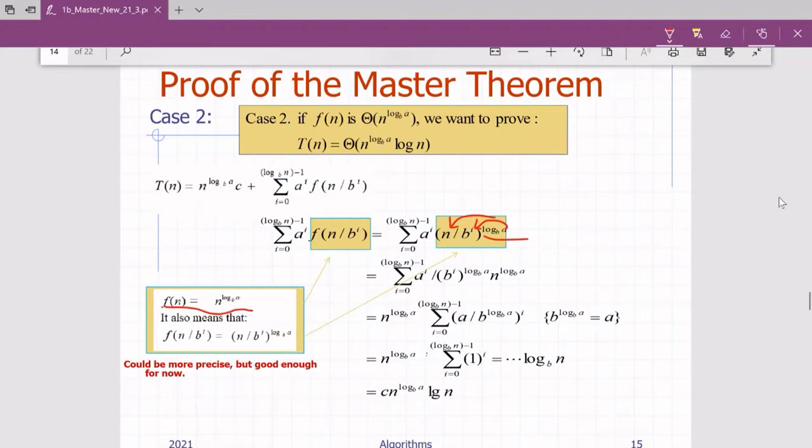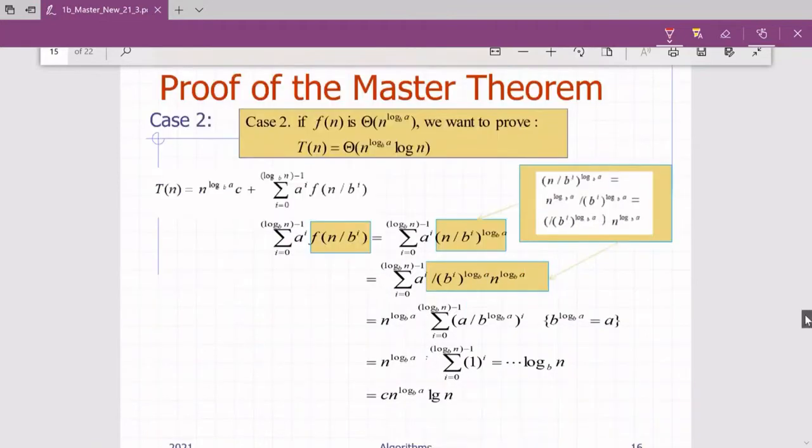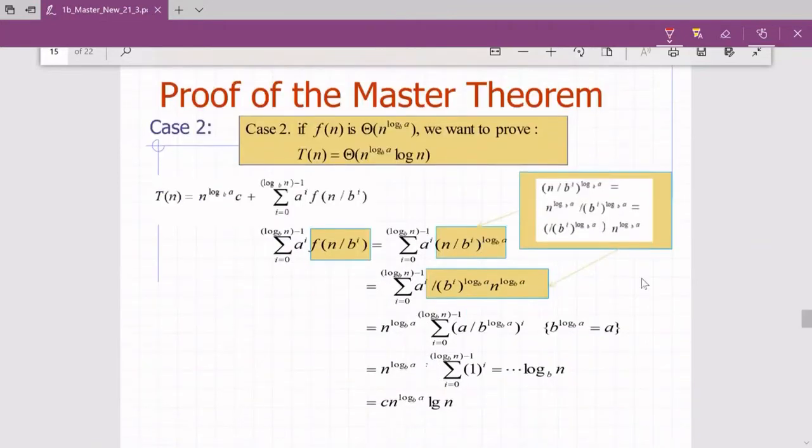Let's say we have more details here. We do the distribution, then we get n^(log_b a), b^i^(log_b a), and then we do the swap, exchange the order. After that, we swap log_b a with i, in order to extract i for both a and b.